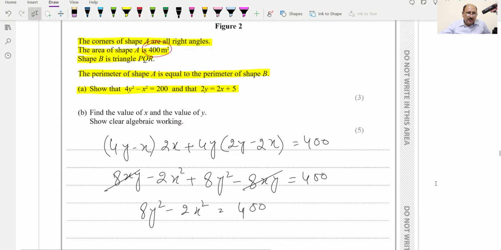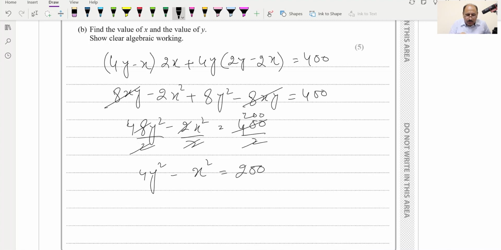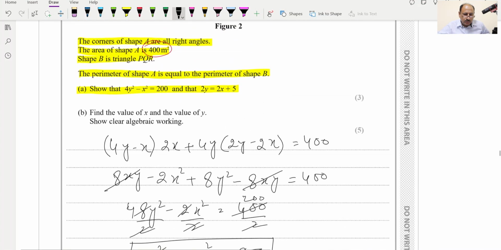We can divide everything by 2, and this will be 4, and this is gone, and this will be 200. Our final answer will be 4y squared minus x squared is equal to 200. And this was the result which we were supposed to prove.